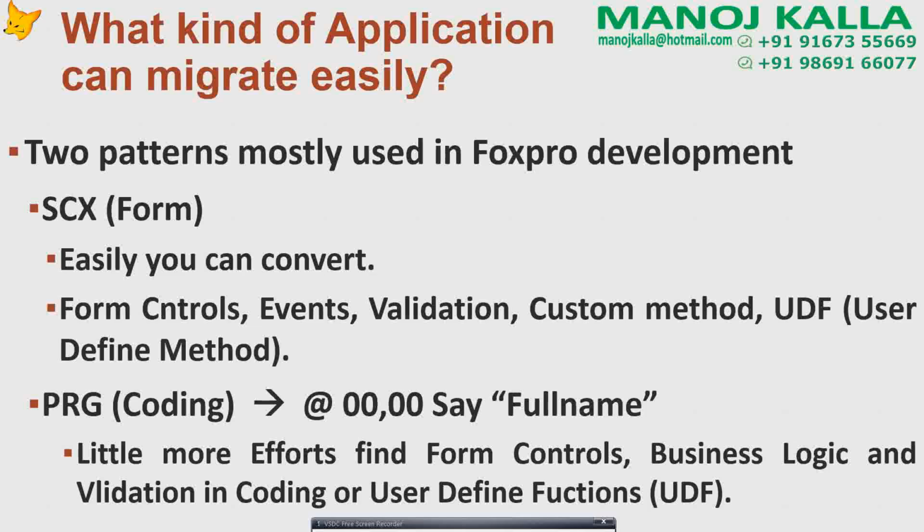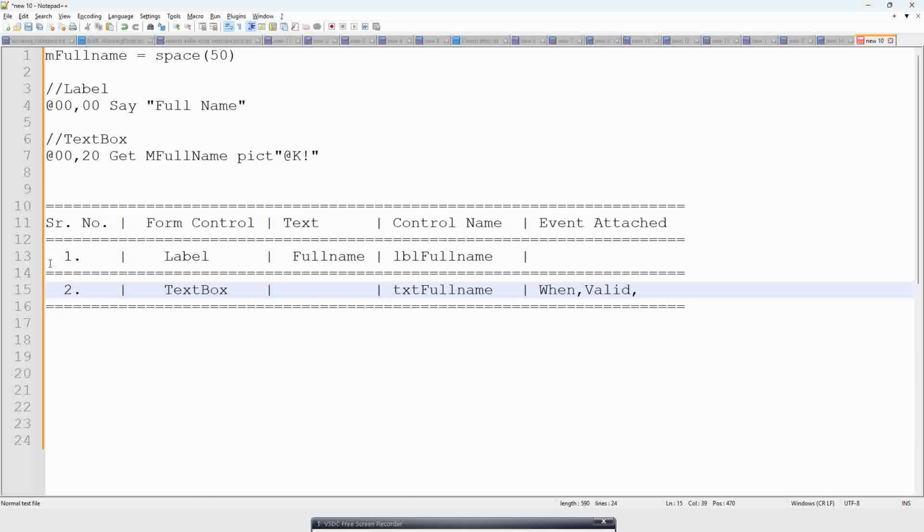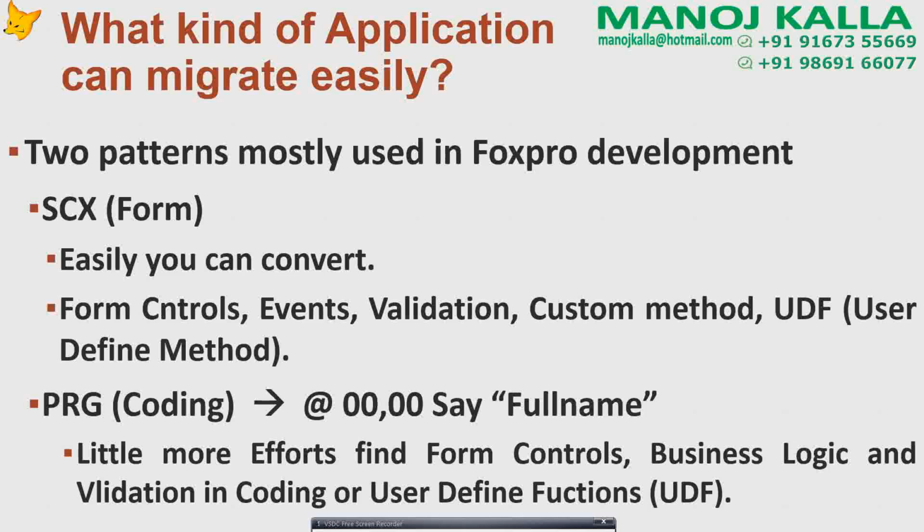In the PRG file you have to put in a little more effort. Here you have to understand: @0,0 SAY full name, text box @2,0 GET m.fullname. Here you have to concentrate more on validation, business logic and user-defined functions.